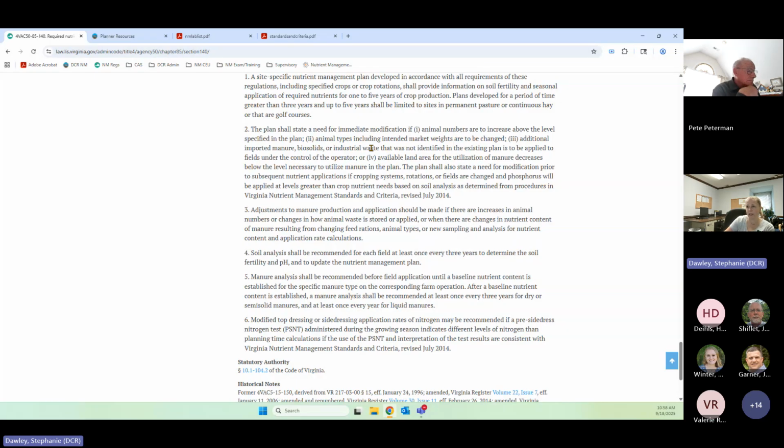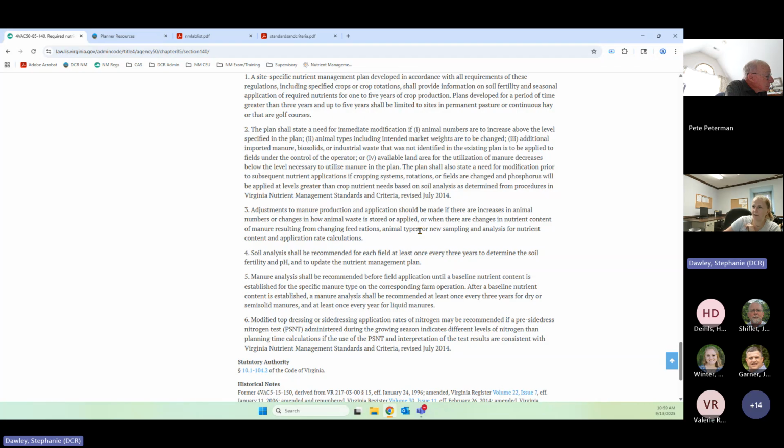If the weights change, if you get additional manure imported onto the farm from either biosolids or chicken litter, if land either decreases or increases, you're going to modify that plan mid-season. So you might only be a year into that plan, but something has significantly changed where you want to look back and re-recommend things because there is either going to be too much manure or not enough manure. That plan needs shifted around.